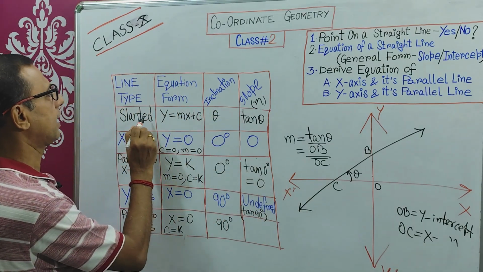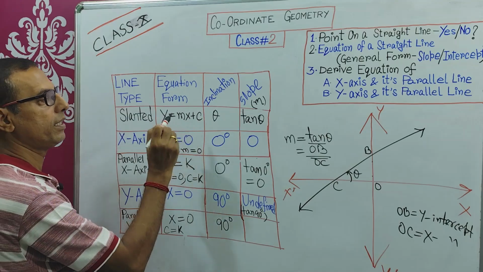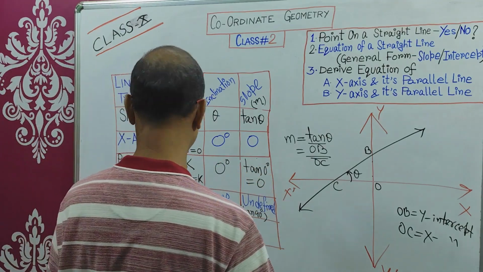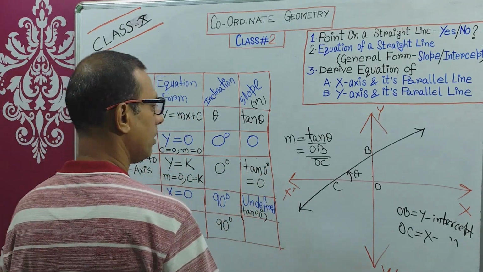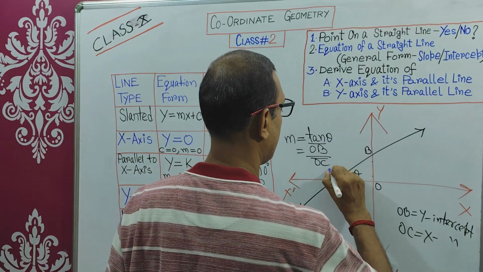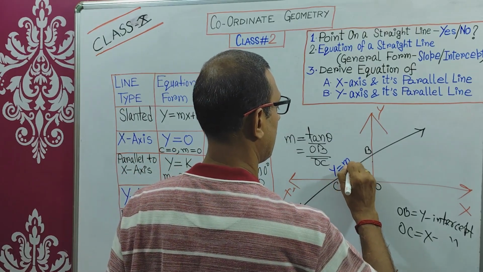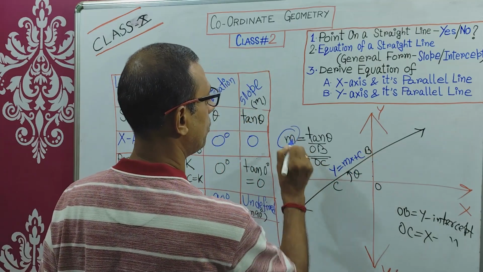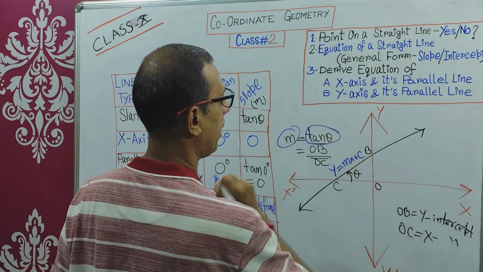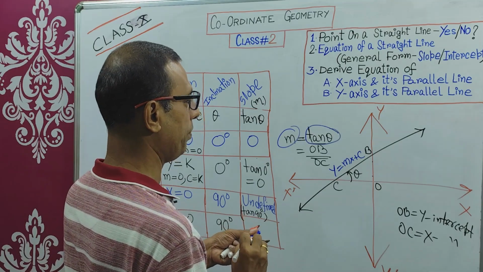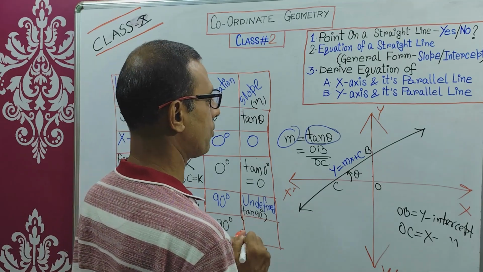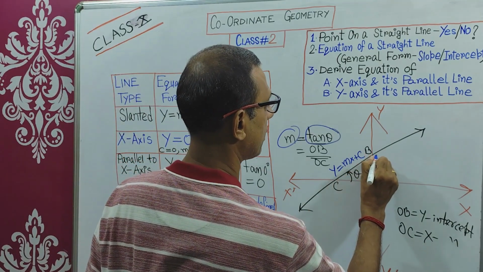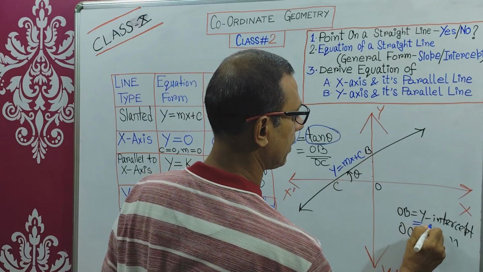So the equation of the line is y equals mx plus c, where m equals tan theta, and this OB, I assume this y-intercept, is c.